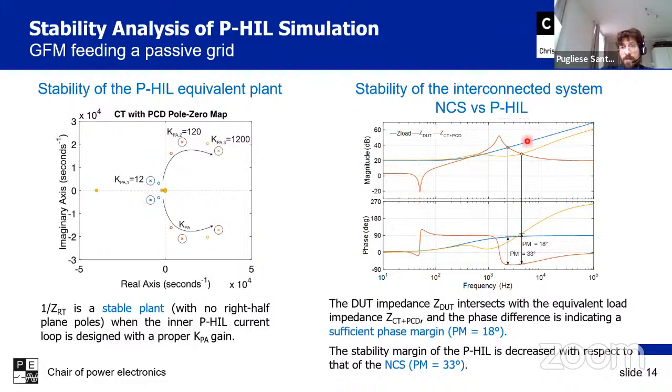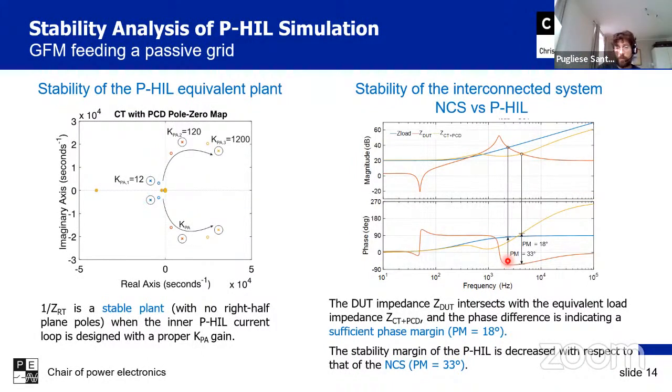And then we have the blue line, which represents our plant, the ideal plant. So if we interconnect these two systems, the overall system is stable. The naturally coupled system will say that the system is stable with a phase margin of 33 degrees.